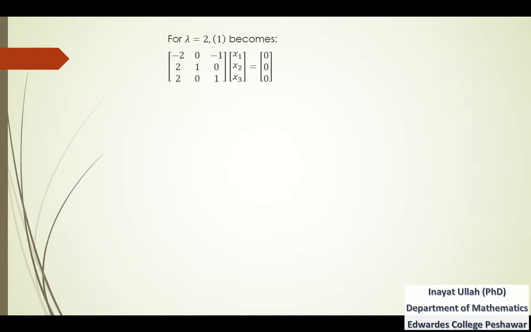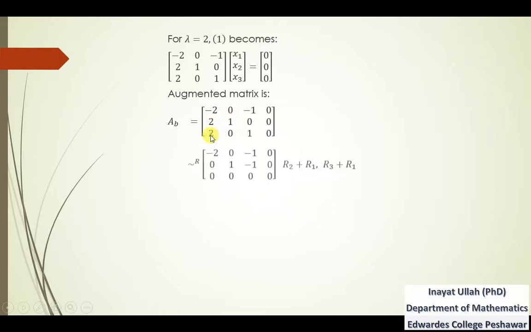Whenever we put lambda equal to 2 in equation 1, we will get this equation. And now taking the augmented matrix, this matrix with this matrix is the augmented matrix, and converting it into upper triangular, making these two elements 0. How could we make these two elements 0?